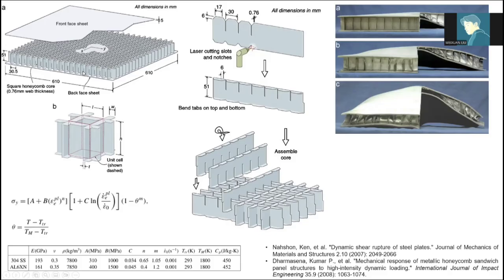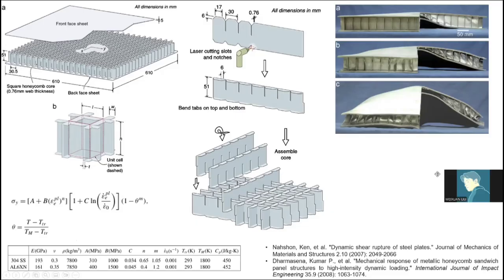So we will form such a square sandwich structure, here with aluminum alloy. I list the material property here, and because of the plasticity, we will use the Johnson Cook model for the plasticity.